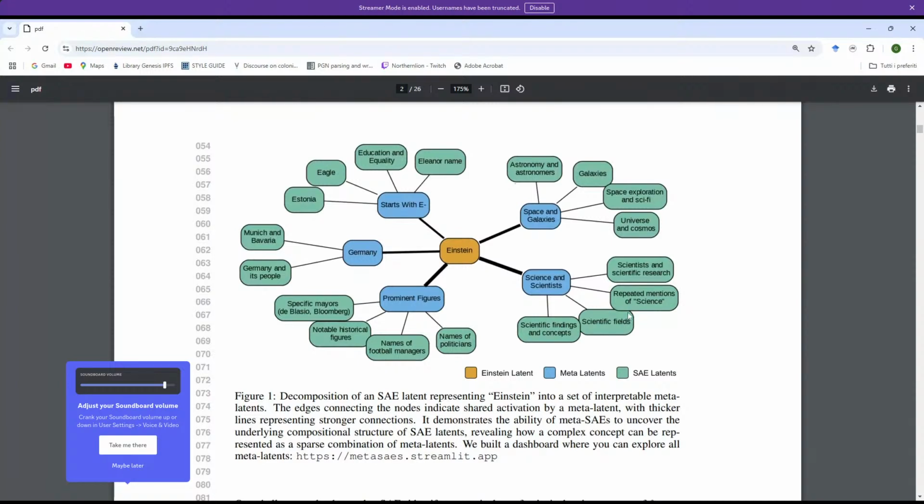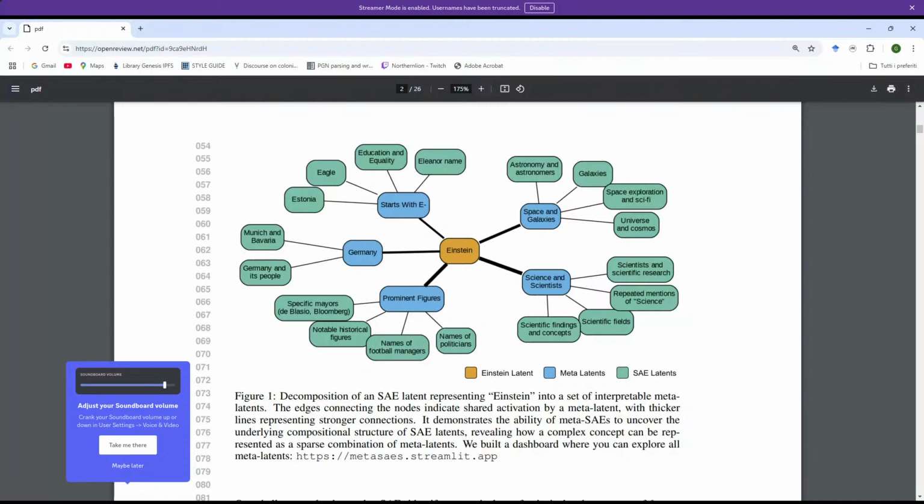So in this case, they find that the Einstein latent is constituted by these other 5 meta latents: German starts with an E, space and galaxies, science and scientists, and prominent figures.